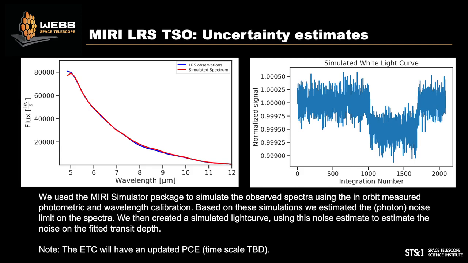That agrees very well. We use this to get an estimate of the Poisson noise in this data set, and then I made a simulation of the transit observation using that noise. So no systematics, just the expected random noise, and did a fit again. If you then go to the next slide.